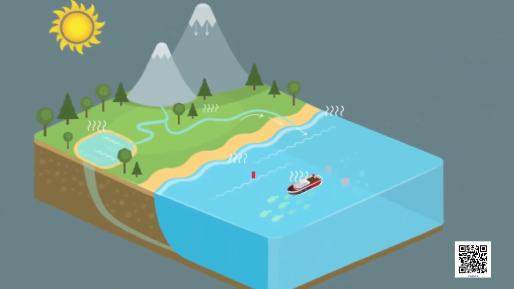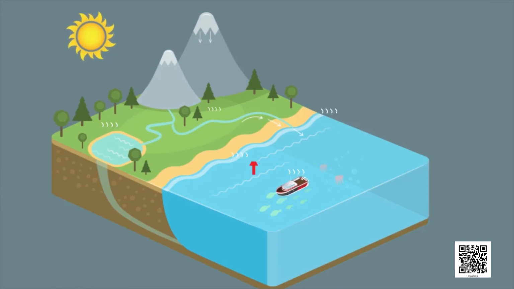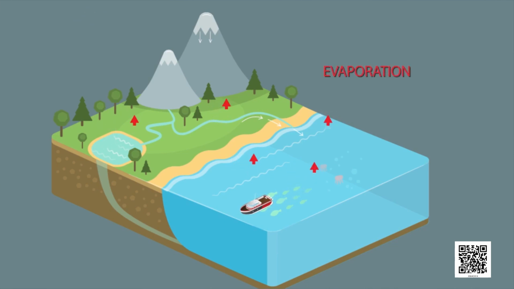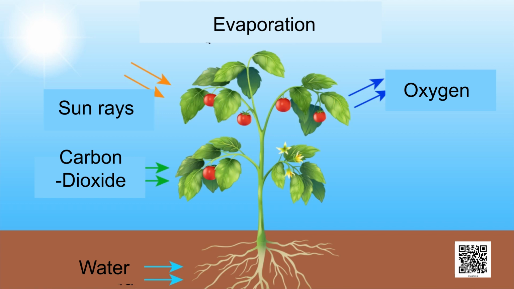Rain. Children, now let us know about the water cycle. The water from water bodies like ponds, lakes, rivers and oceans changes into water vapor due to the heat of the sun. This process is called evaporation. Plants absorb water from soil through roots.